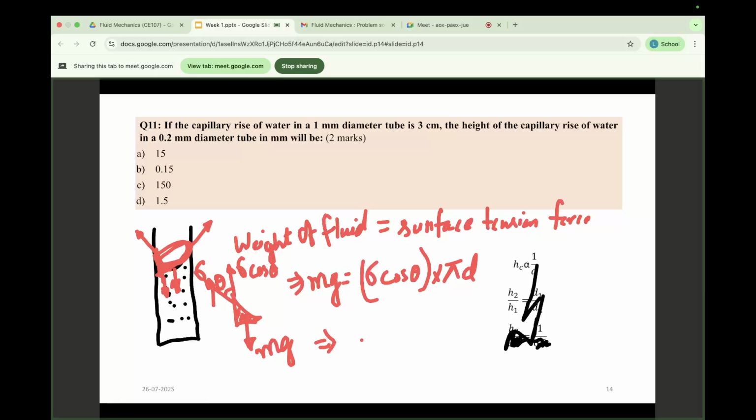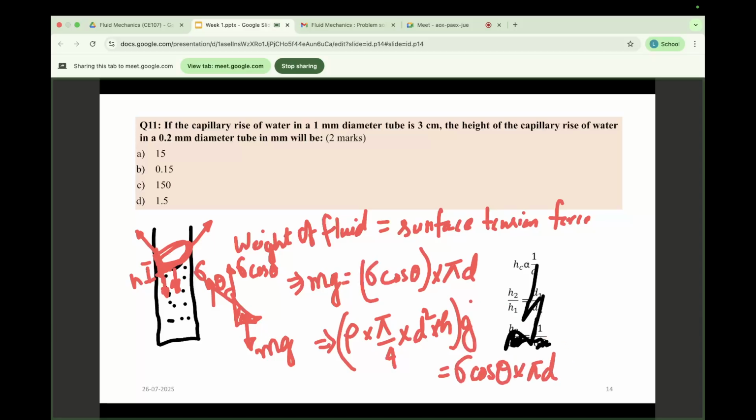Again, the mass of the fluid, we know mass equal to density into volume. That means rho into, say density into volume, sorry, area into height, right? This height. So this one equal into h into g equal to sigma cos theta into pi d, right?